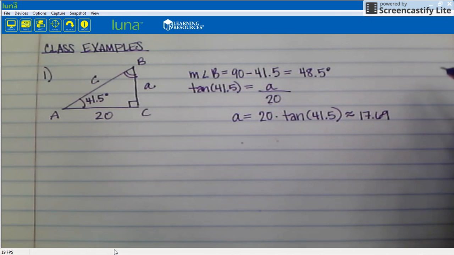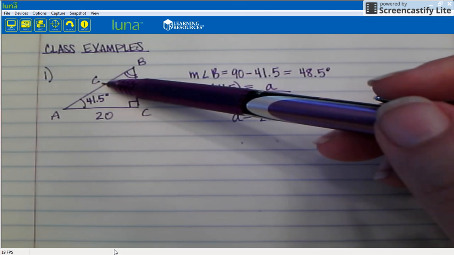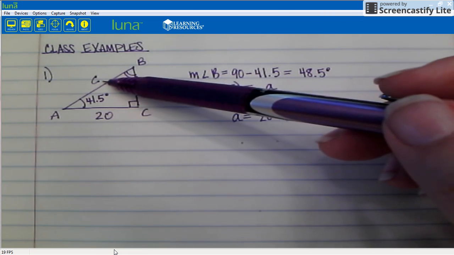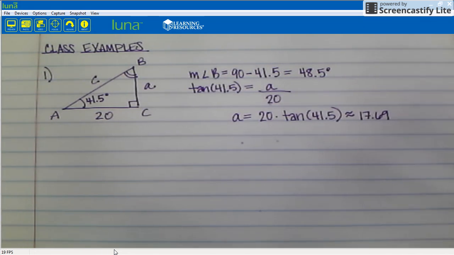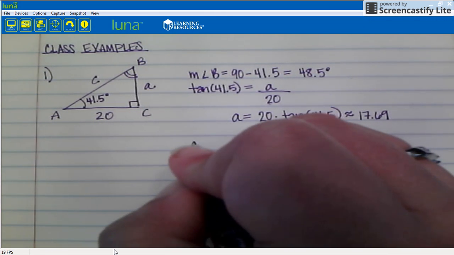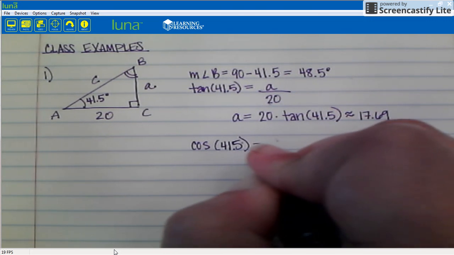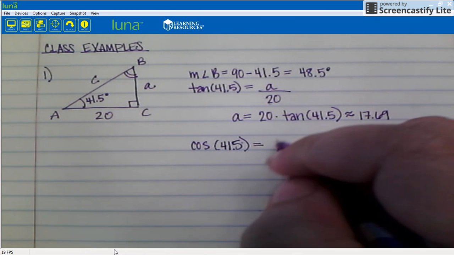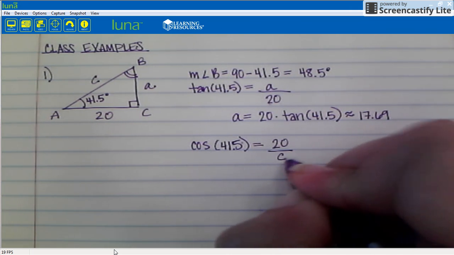In a similar way, I'm going to solve for my hypotenuse c. I'm given the adjacent side to the angle, and my hypotenuse is what I'm looking for. So adjacent and hypotenuse, I'm going to use cosine. So I know that the cosine of 41.5 is equal to 20 over c.